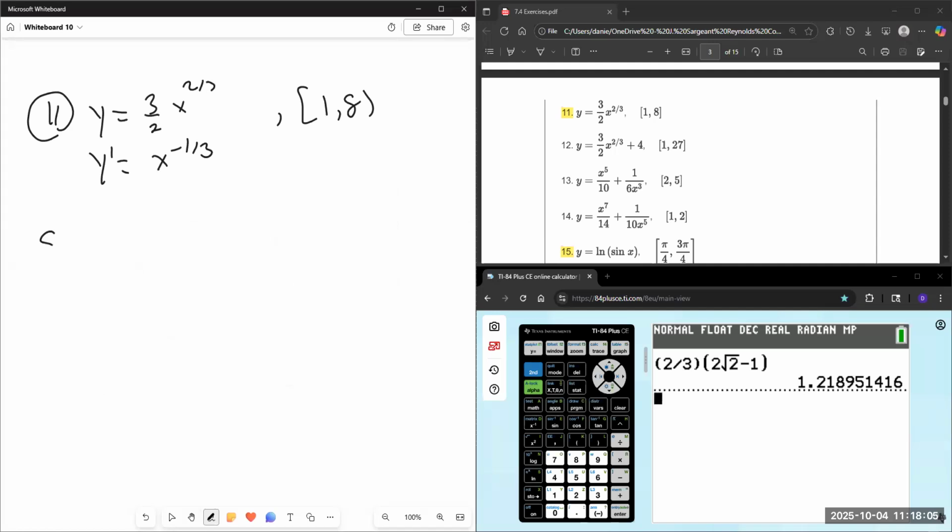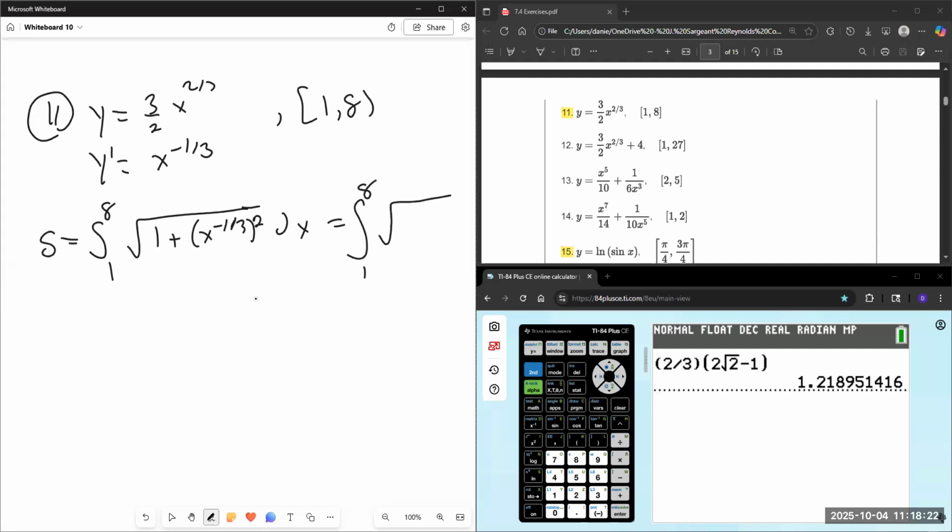So s is equal to the integral from 1 to 8 of the square root of 1 plus x to the negative 1/3 quantity squared dx, which will be the integral from 1 to 8 of the square root of 1 plus x to the negative 2/3 dx. I don't like negative exponents inside of my square root, so I'm going to multiply by x to the 2/3, top and bottom.